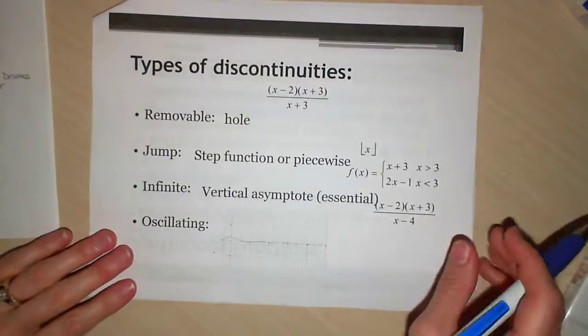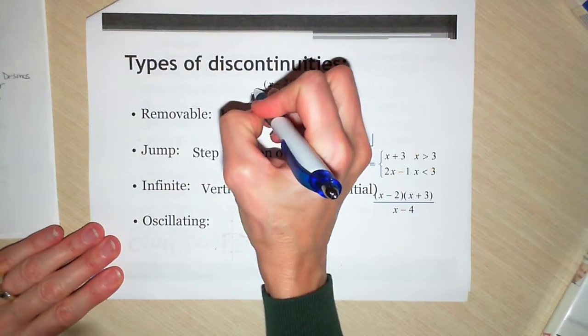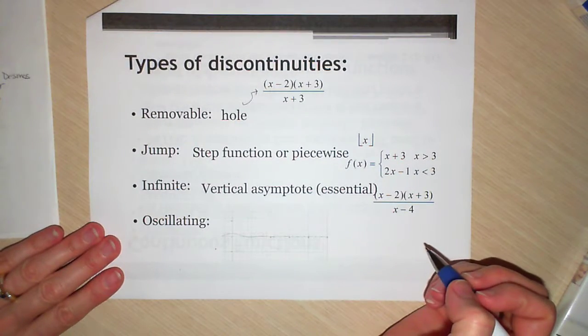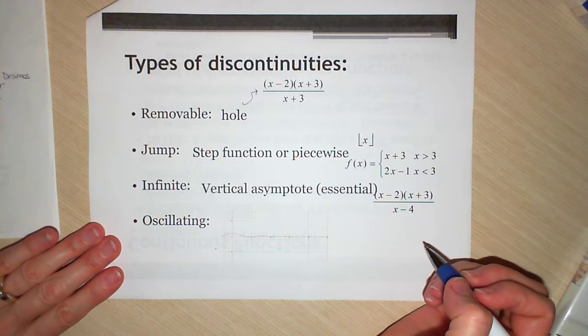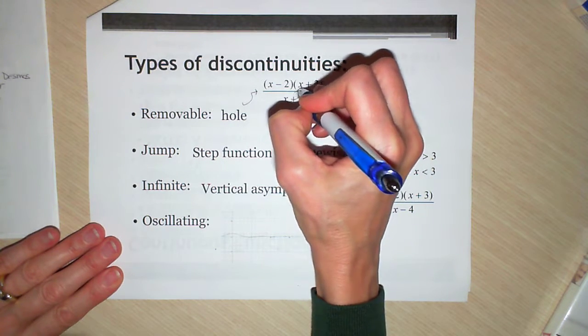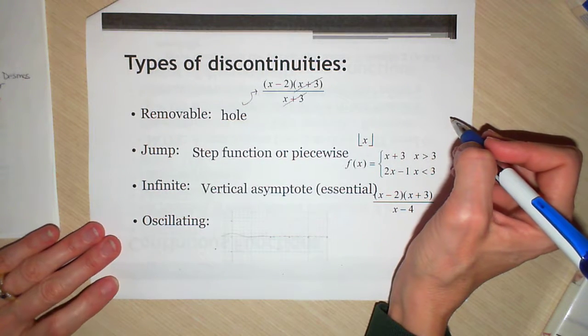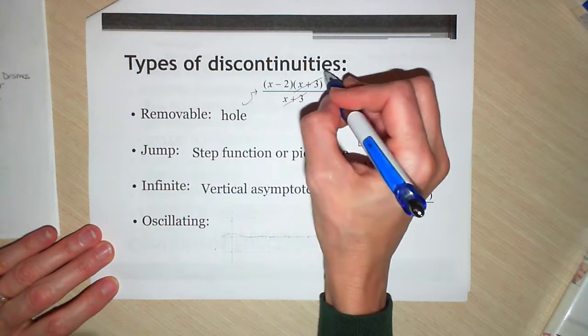Okay, now we're going to talk about types of discontinuity. So the first one is a hole. This function is an example of where you have a hole. And you remember when we did this in Algebra 2 and in Advanced Math, when we cancel those out, then we say we have a hole there.